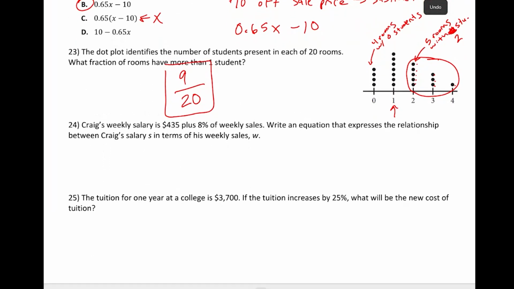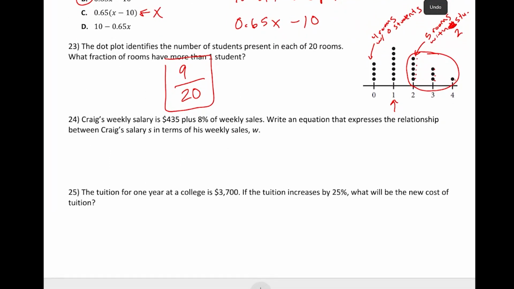Number 24 says Craig's weekly salary is $435 plus 8% of his weekly sales. Write an equation that expresses the relationship between his salary and his weekly sales. So I'm just going to follow along with the sentence. His weekly salary is, so salary is $435 plus 8% of his weekly sales.